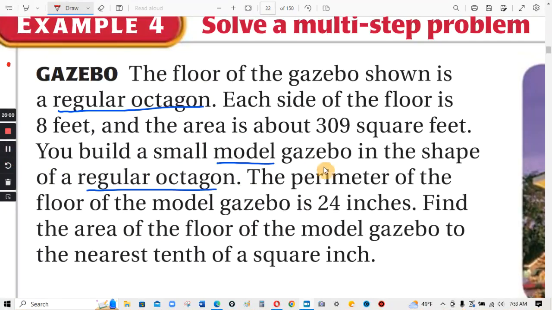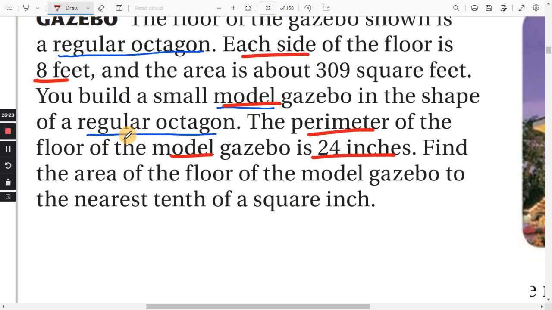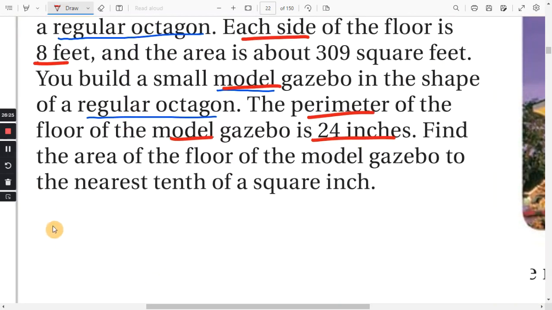So unfortunately for the gazebo, the actual gazebo, they gave us each side length is 8 feet, but for the model, they said the perimeter of the model is 24 inches. All right, so we need to find each side of the model so we can do the ratio.